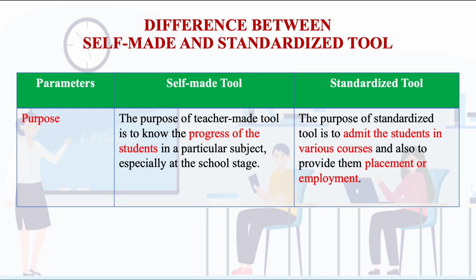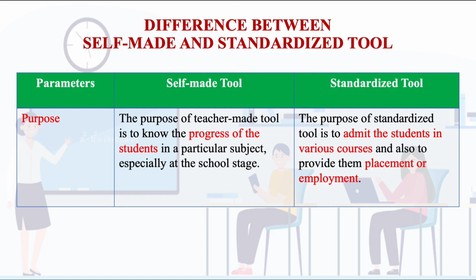Further, now let us discuss the differences between a self-made and a standardized tool. Already we have discussed the concept of a self-made tool and the concept of a standardized tool. So, we will find out the difference between these two on different parameters. The first parameter is purpose.